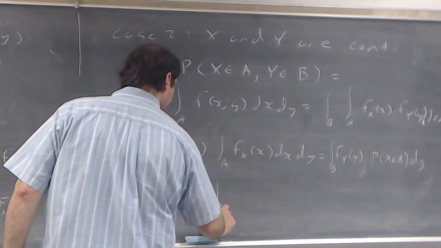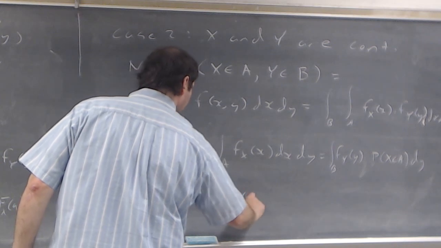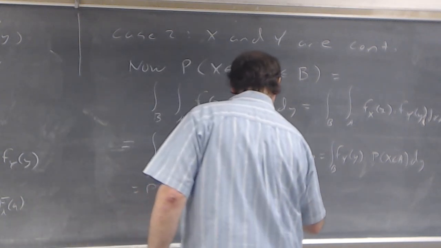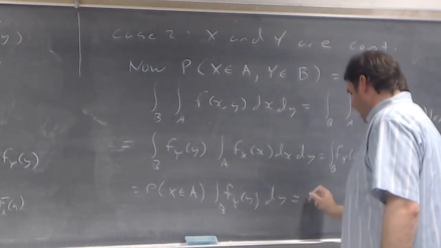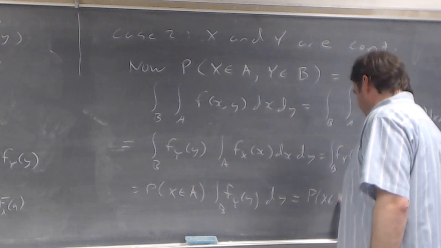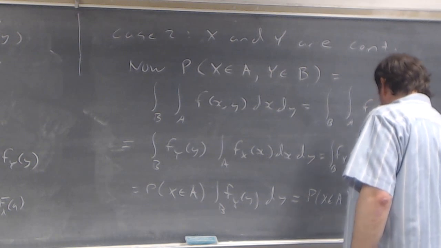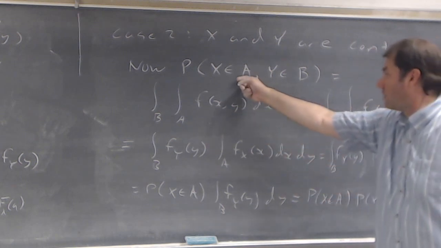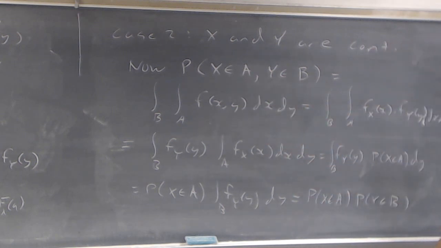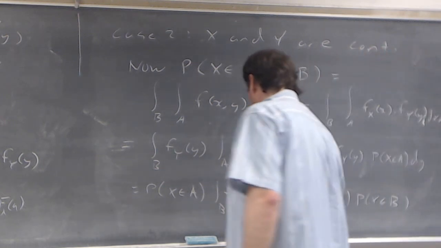And then we have an integral over B of f sub Y of y dy, which is the probability that y is in B. And that's what we want to show. The probability of x is in A and y is in B is equal to the probability of x in A times the probability of y in B. So x and y are independent.